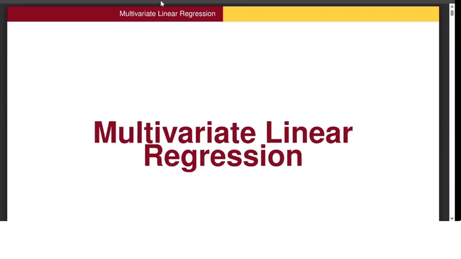Of course, today we're going to be focusing on multivariate linear regression. I remember earlier in the week, I walked you through multivariate linear regression, the one with one response variable.